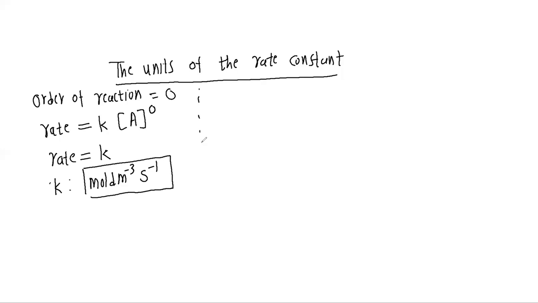Okay. So let's calculate for order of reaction 1. Simple. Order of reaction, assume it is 1. So how to write the rate expression? Simple. Rate is equal to K into concentration of A raised to 1.